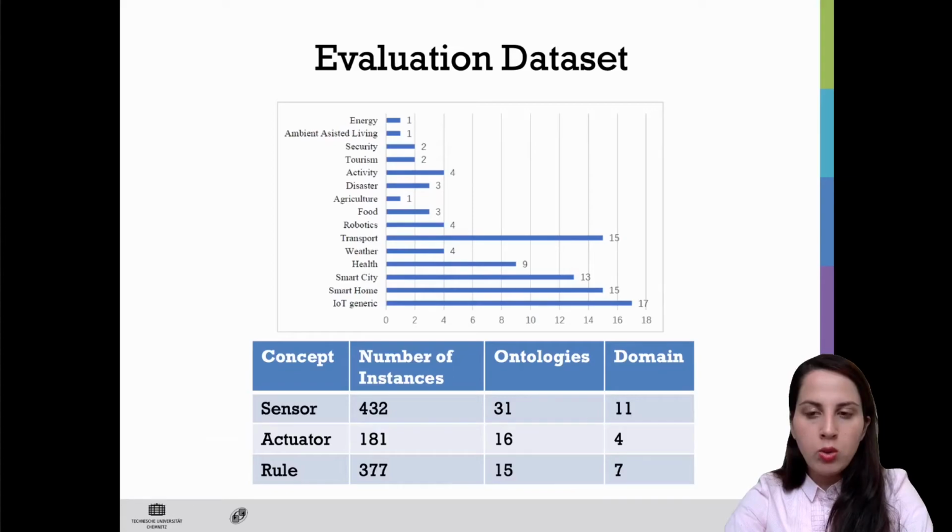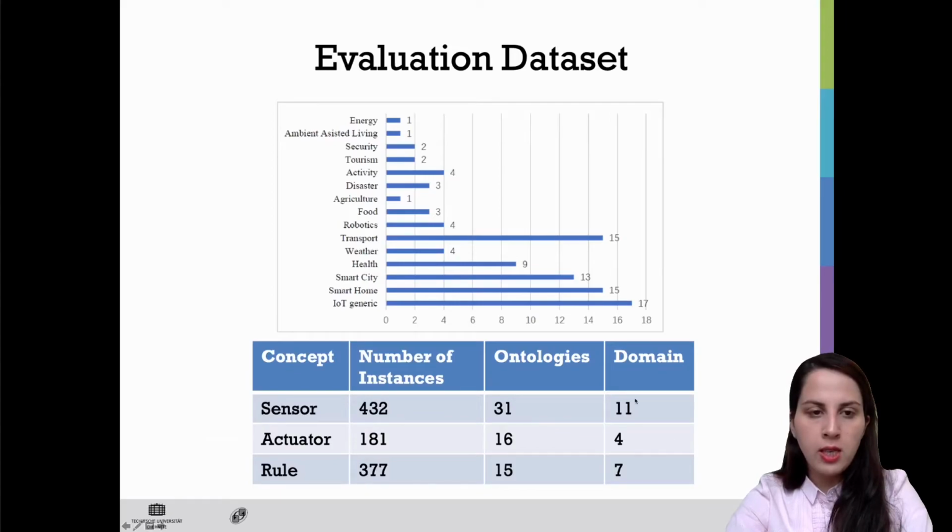To evaluate the quality of the concept extraction, we use ontology samples collected from the LOV4IoT catalog. We use 84 ontologies from 22 different IoT subdomains. The evaluation dataset was then assessed manually by two domain experts to extract the sensors, actuators, and rules, which forms the ground truth for the evaluation experiment.